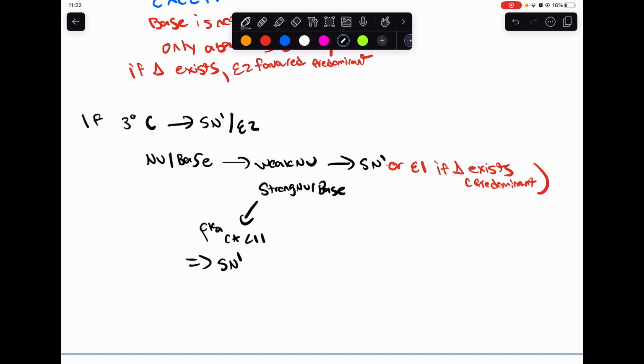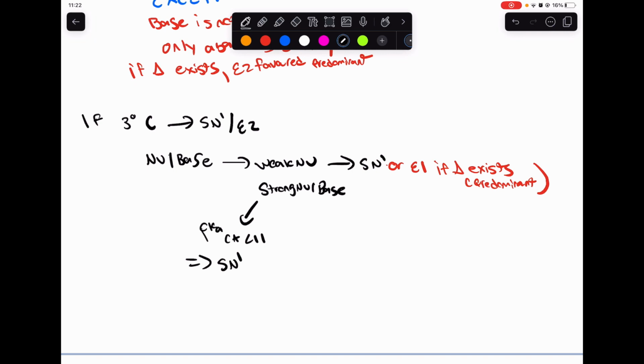Again, a weak nucleophile is also the same way. For example, if you take anything with a hydroxyl group, most times it would be a decent nucleophile, a moderate nucleophile, or a weak nucleophile.